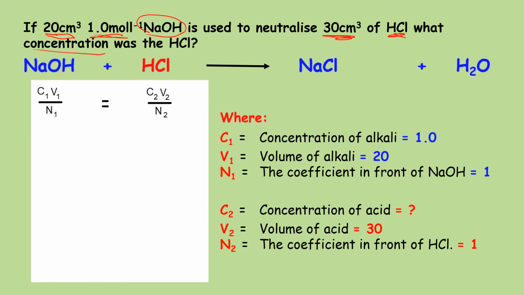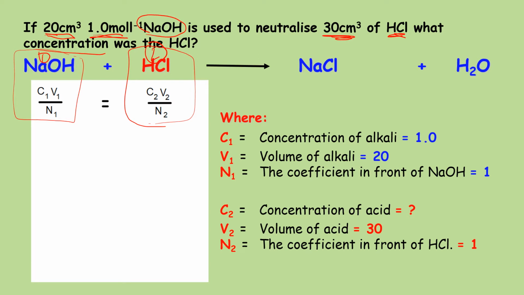So we're just going to keep the C1, V1 and N1 for the chemical on the left, and the C2, V2 and N2 for the chemical on the right. Some people will teach that the acid is always 1 and the alkali is always 2 or whatever. It doesn't matter. There's no right or wrong way to do it, provided you always know which chemical is which. So we're going to call the sodium hydroxide, in this case, number 1, and we're going to call the hydrochloric acid number 2.